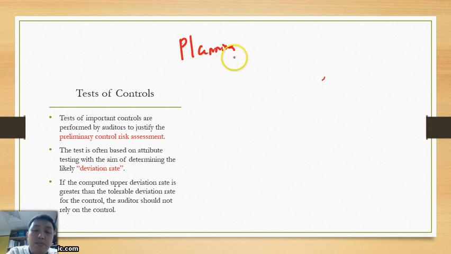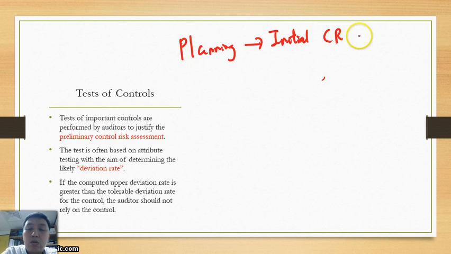When auditor does planning, they will look at the design, the implementation of the controls done by management. They will come up with an initial assessment. So if they conclude that the design, the implementation of management is good, the initial control risk assessment is likely to be low.